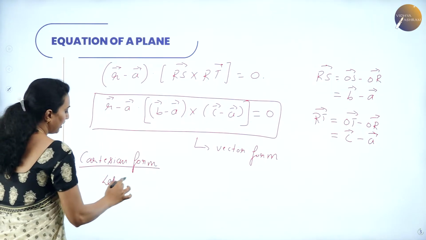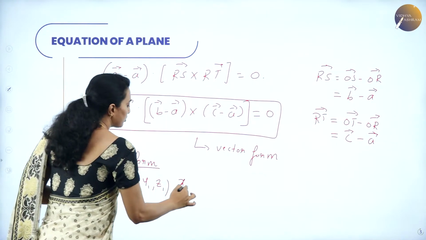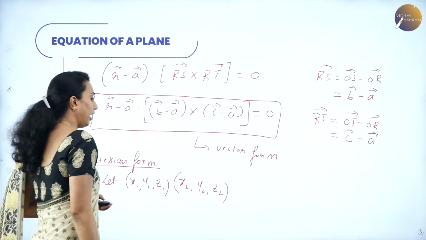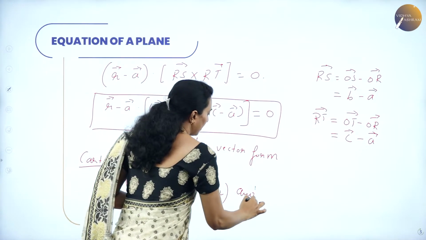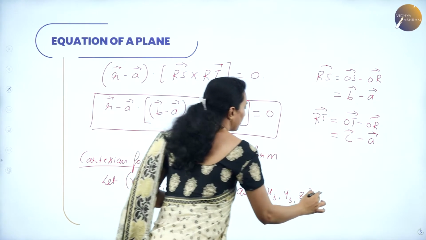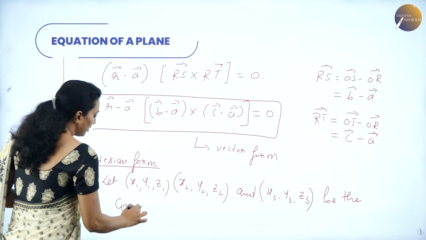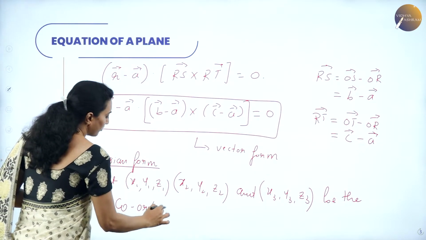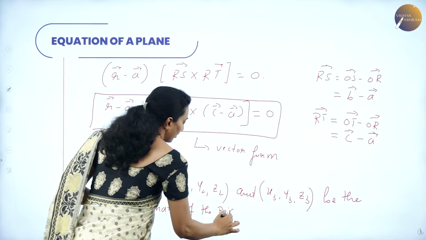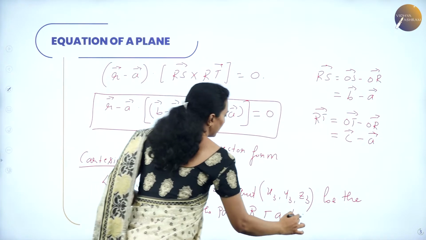Let x1, y1, z1, x2, y2, z2 and x3, y3, z3 be the coordinates of the points R, S and T respectively.